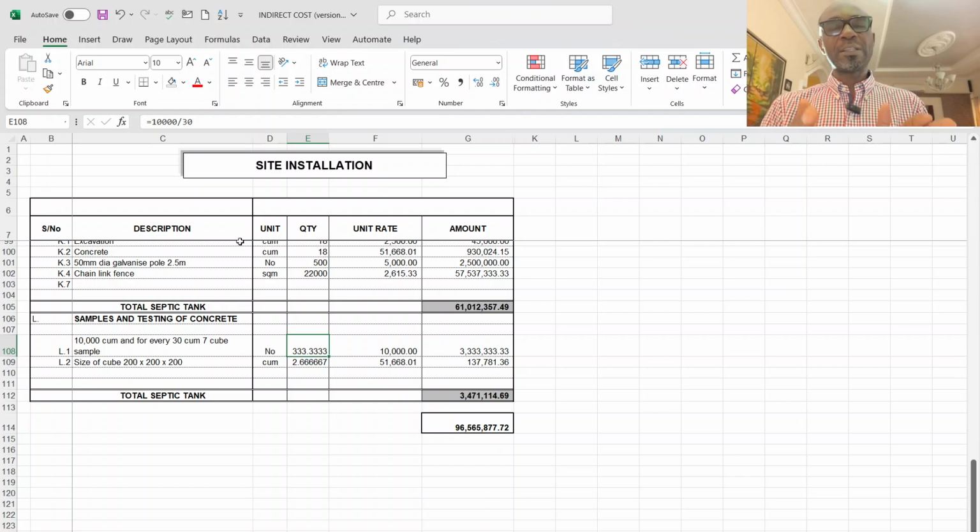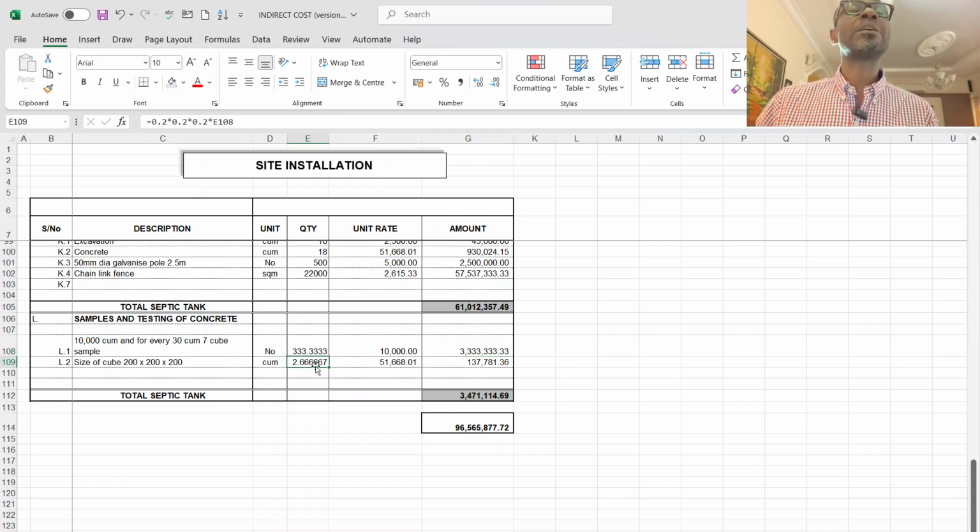If that is the case on your project, you divide the total cubic meters by 30, and you come up with how many cubes you are going to be crushing. Then you put a cost to it, because the cost of each crush may be 10,000. You multiply it by the number of cubes that you're going to cast throughout the duration of the project, by 10,000, and you have the number.